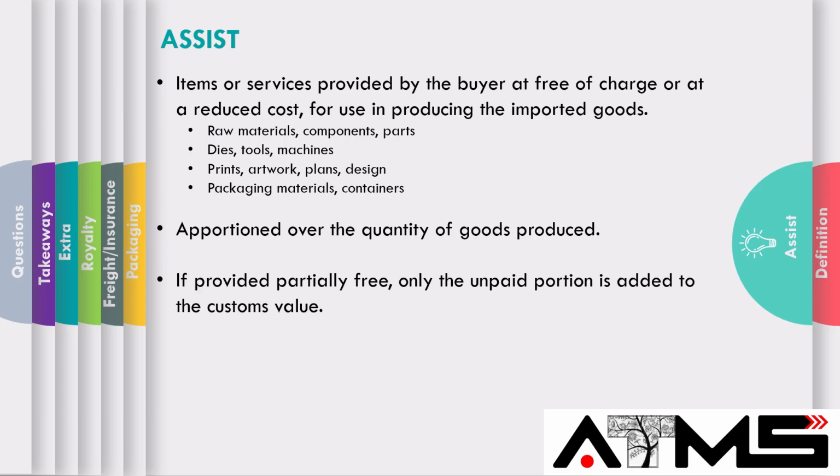If only part of the material were supplied free of charge, for instance, $10 worth out of the $100 total, then only the free portion of $10 is dutiable. Please refer to videos on assists for more details.